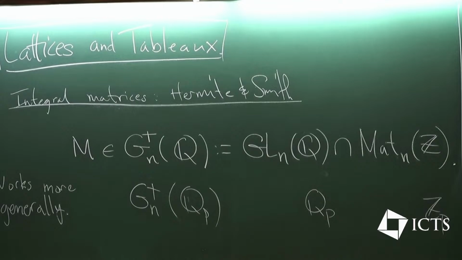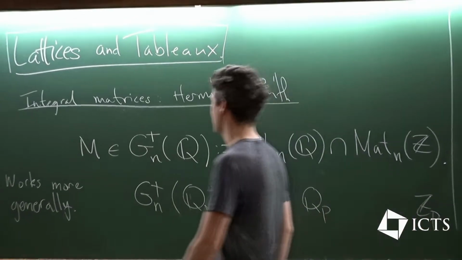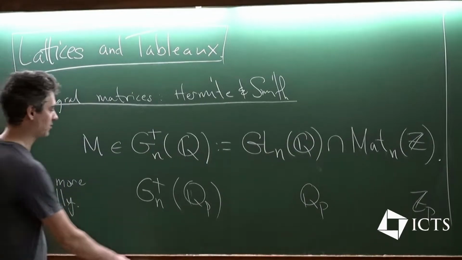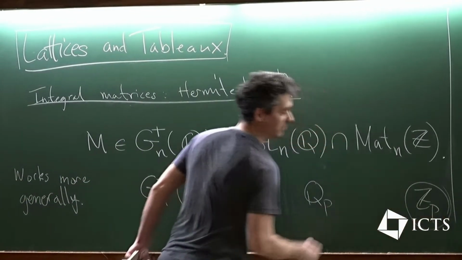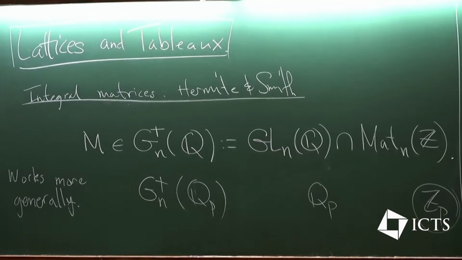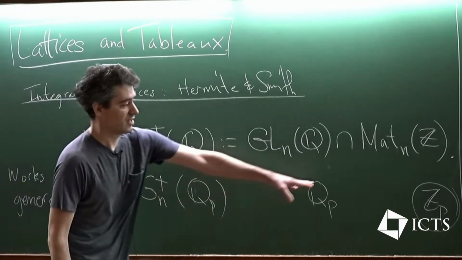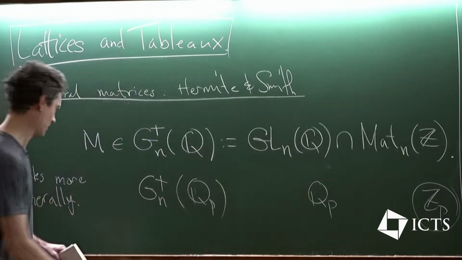So you can work over any compact discrete valuation ring, and this will be just fine. It need not be characteristic 0, it could be arbitrary characteristic. If that makes sense to you, you're allowed to just switch out every Z_p with your favorite compact discrete valuation ring. Otherwise, I'm just going to keep writing Z_p. All right?